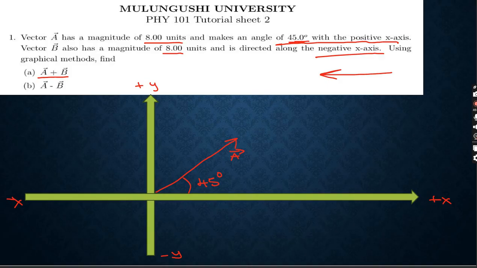We know that we join vectors head to tail, so we start vector B from the end of A. Connecting the two lines, we now have A plus B. Very simple, guys.